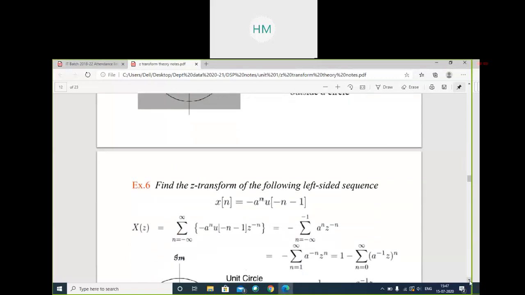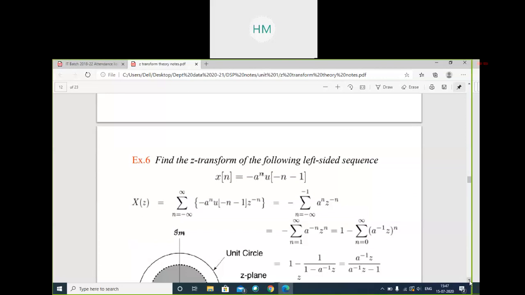So the answer we got is... What answers did the children give? Z upon Z minus A. How is it possible, son? Z upon Z minus A had come earlier also in ours.